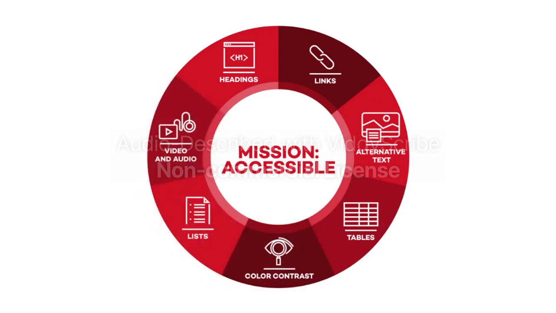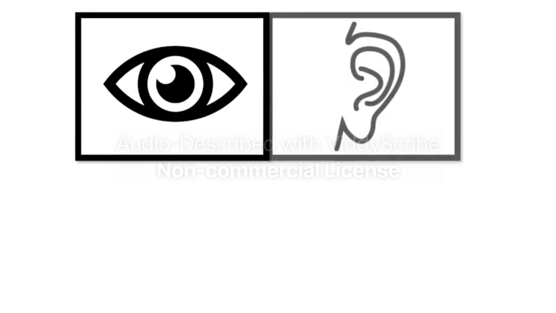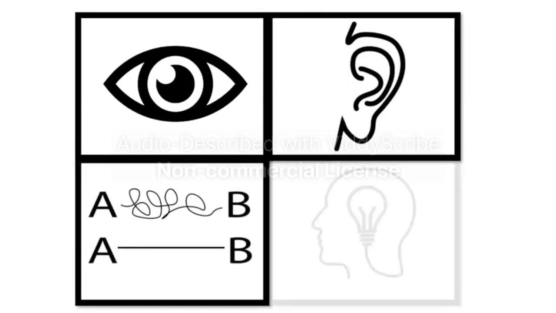These are great ways to start making your materials more universally designed. Four icons appear: an eye, an ear, a tangled line becoming straight, and a head with a light bulb inside. Make it easy to see, to hear, to use, and to understand.